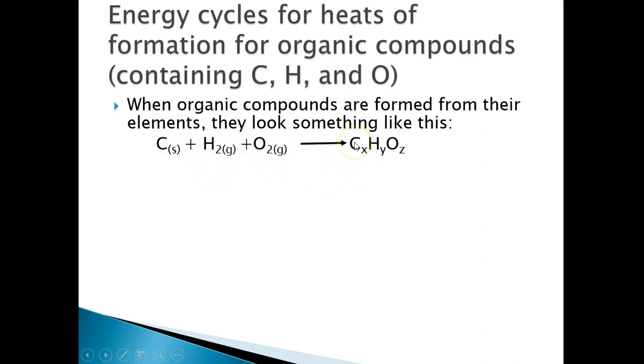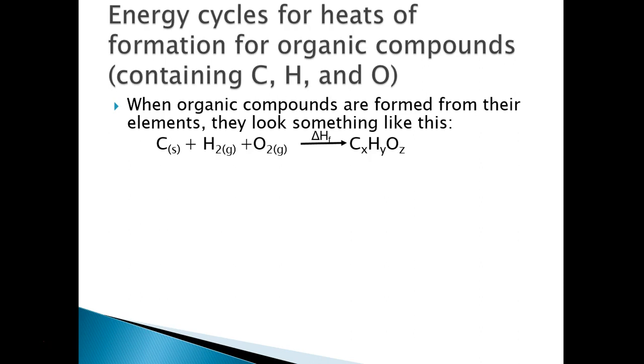Now, this process could be hard to measure directly, okay? So we might not easily be able to get the heat of formation for this process, and we'll talk about some of the reasons why that might be hard to do directly in class. So instead, we could use heats of combustion for carbon, hydrogen, and the hydrocarbon to figure it out.